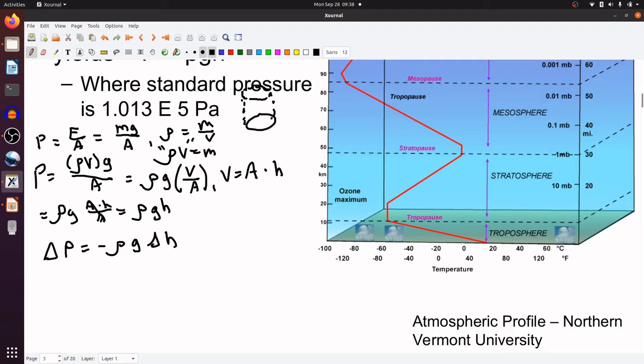The density in this class is going to be constant. The gravitational acceleration is constant, more or less. It's the height that's going to affect the pressure. So those are the only two changes. The negative, why I put a negative there, is because a negative change of height is generally associated with an increase in pressure. How so, you say?